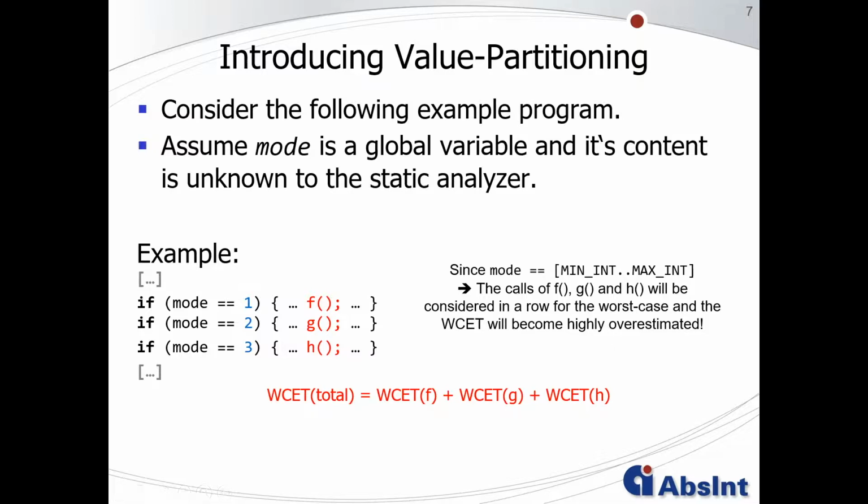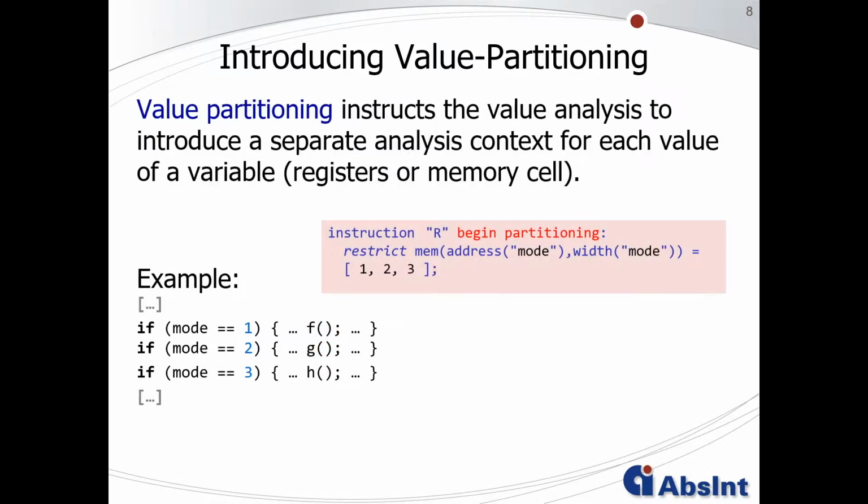So in order to improve that WCAT result, we would like to introduce in this release the so-called value partitioning. And value partitioning now enables the value analysis to introduce one separate analysis context for each possible value of a variable. And a variable on binary level means registers or memory cells.